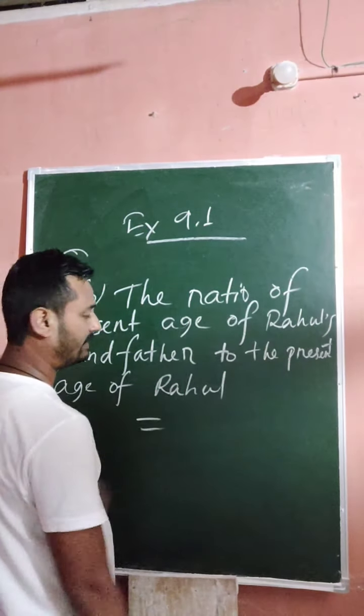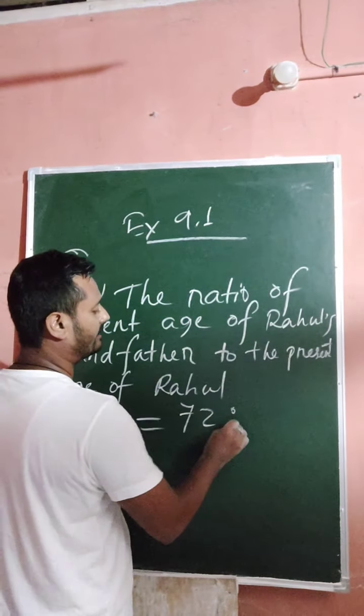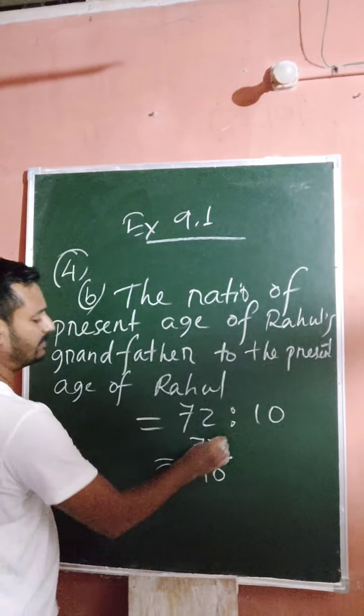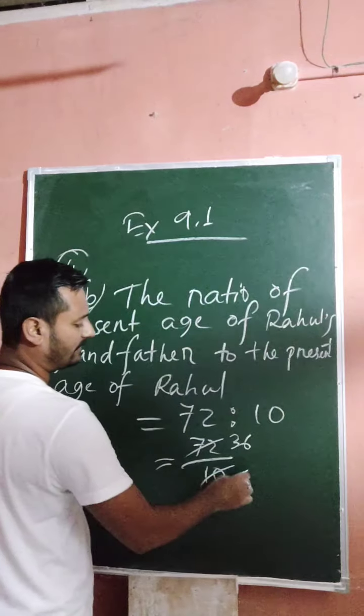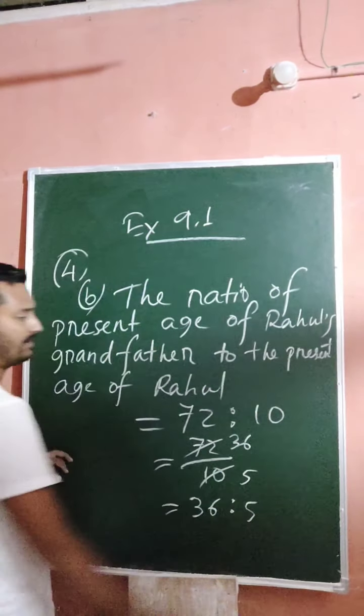The present age of Rahul's grandfather was what? 72. So 72 divided by 10. We will divide by 2, this 36 becomes 5. That means 36 is to 5.